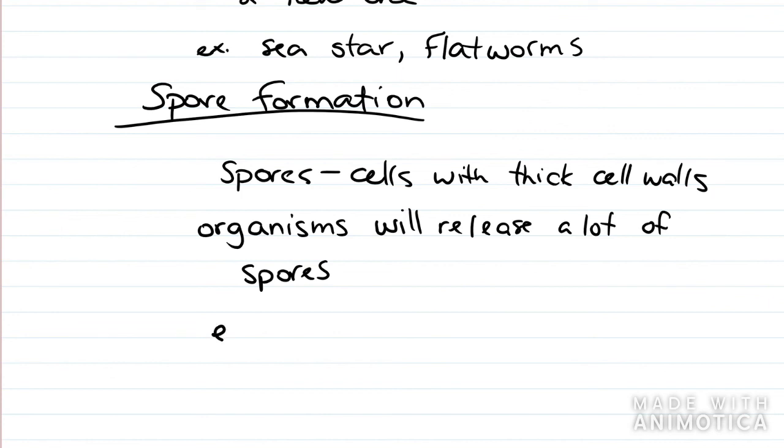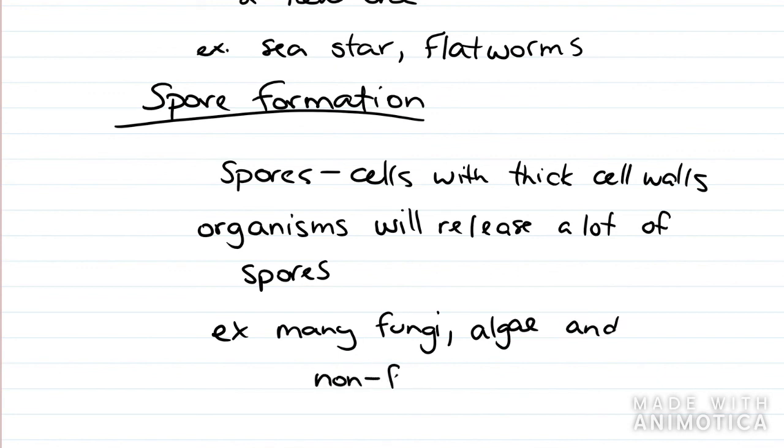So some of these are going to be things like many fungi, algae, and non-flowering plants. Okay, so those are the different types of asexual reproduction.